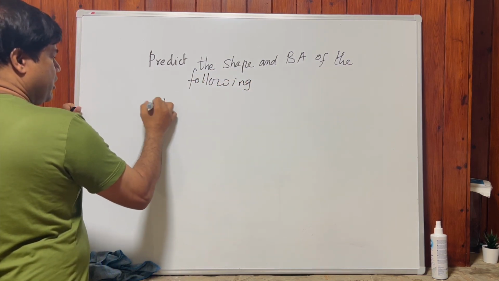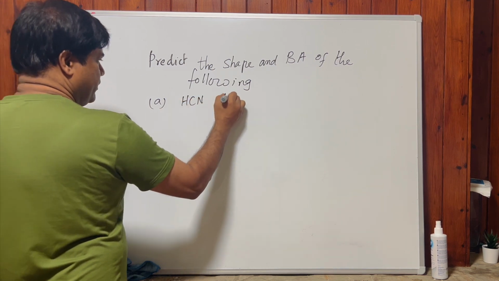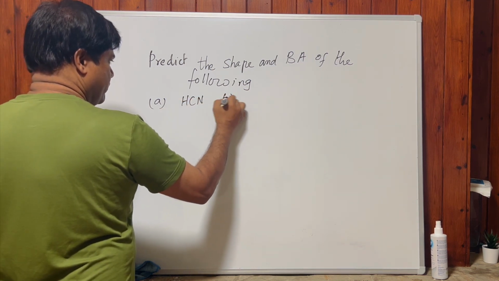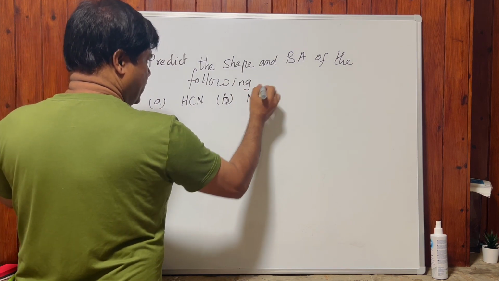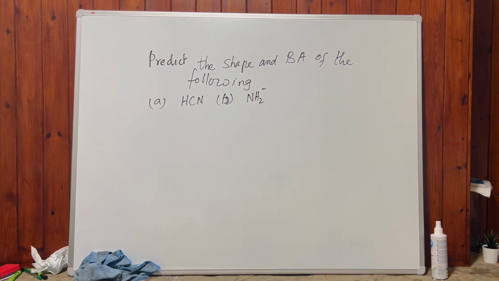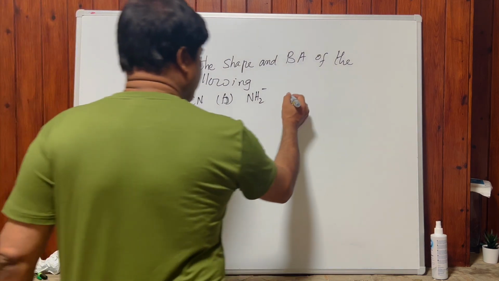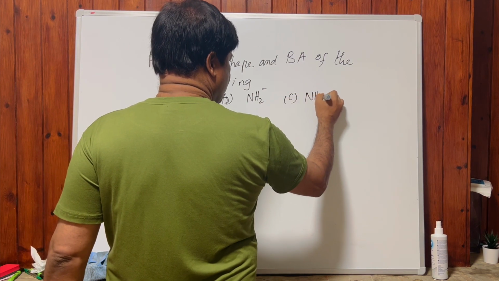A, hydrogen cyanide, HCN. B, NH2 minus. C, ammonium ion, NH4 plus.